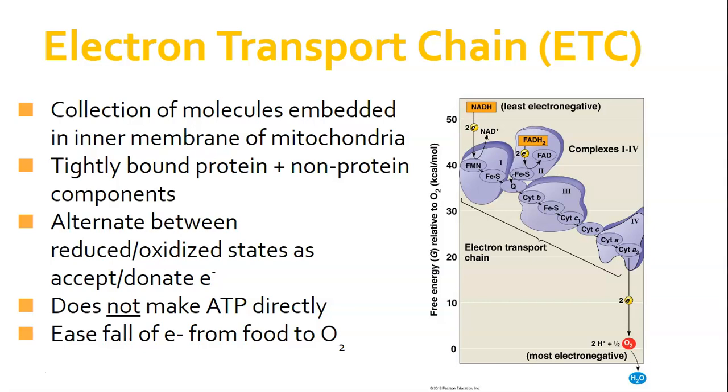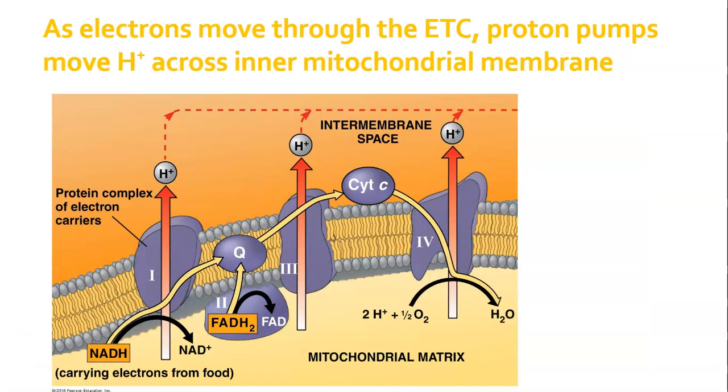This does not directly make ATP, so there's no substrate level phosphorylation occurring. It's going to be really due to the chemiosmosis part in a second. So here's kind of how that proton gradient is created.